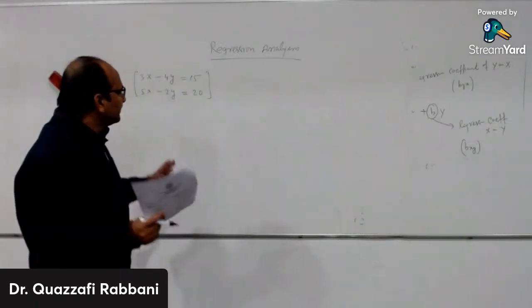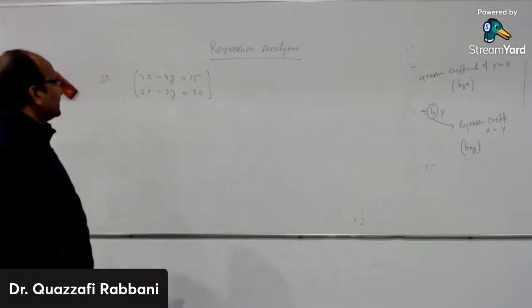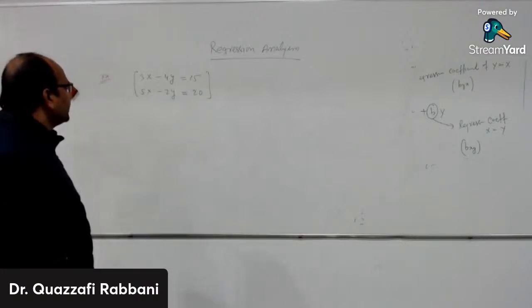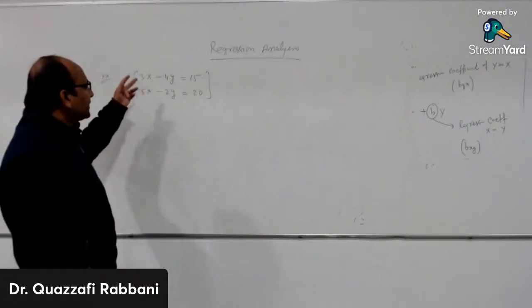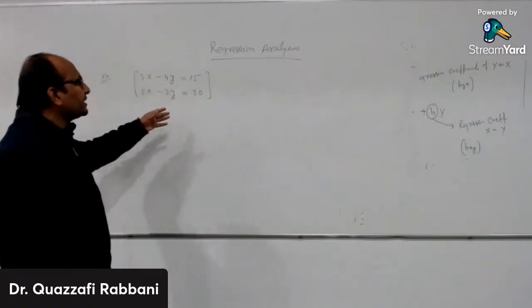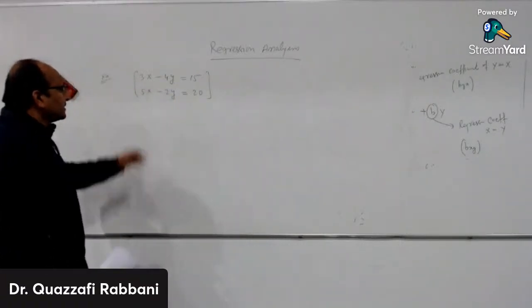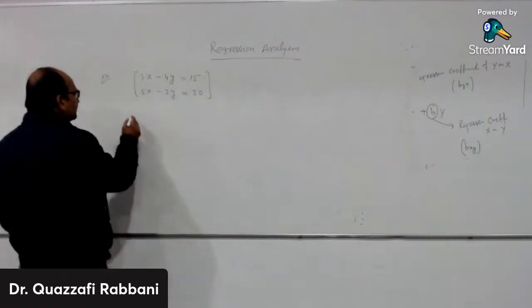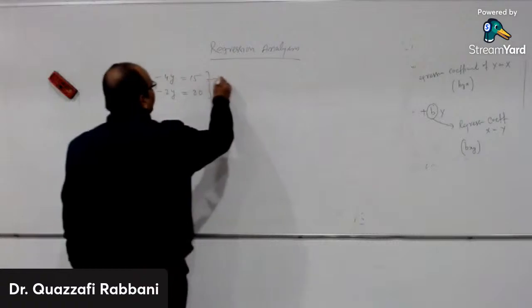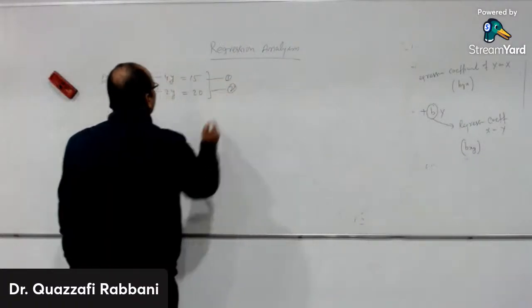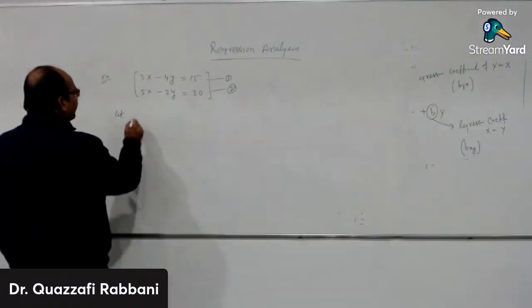If we don't have any prior information, then we just assume. Let this be equation 1 and this be equation 2. Suppose we assume the first equation to be x on y.